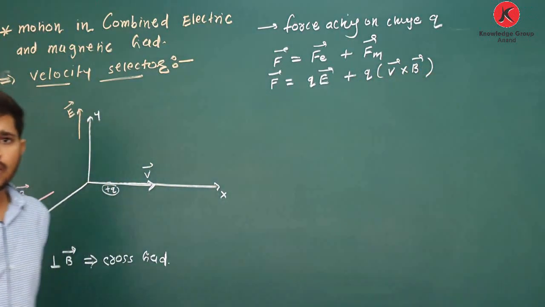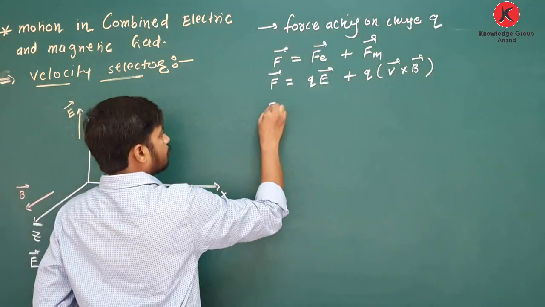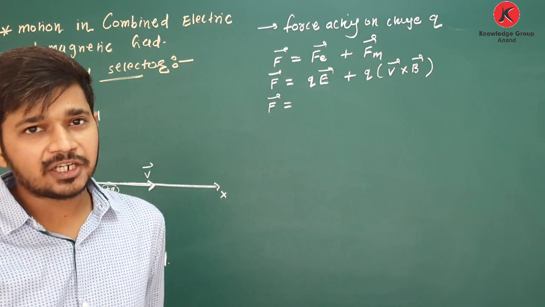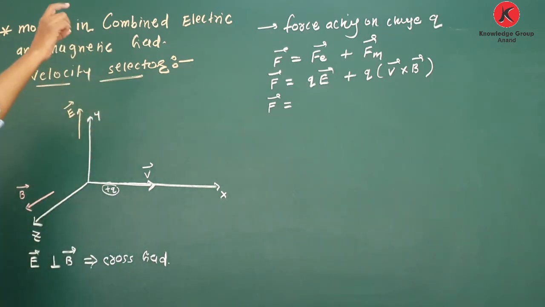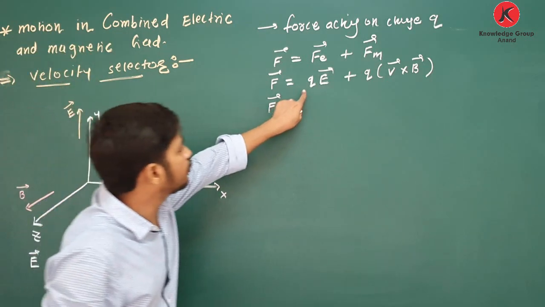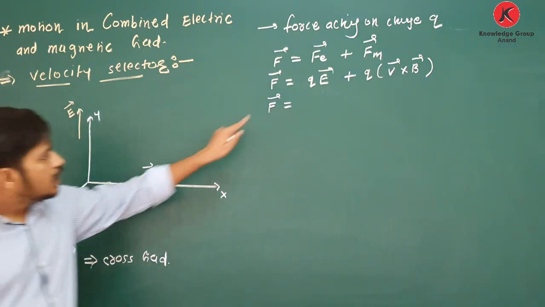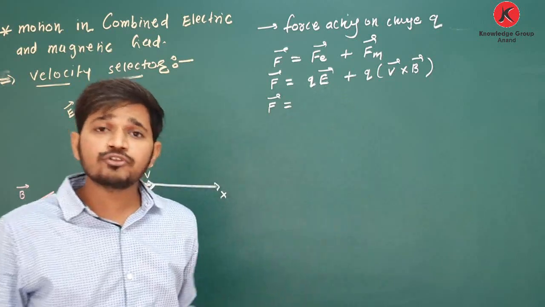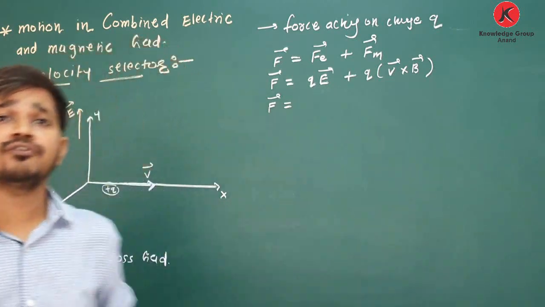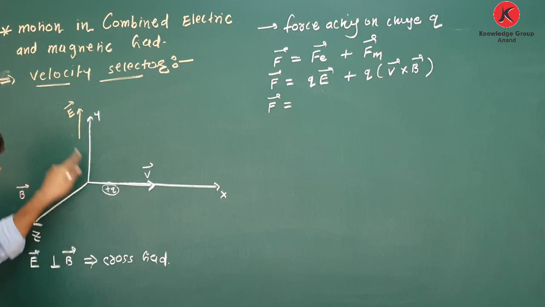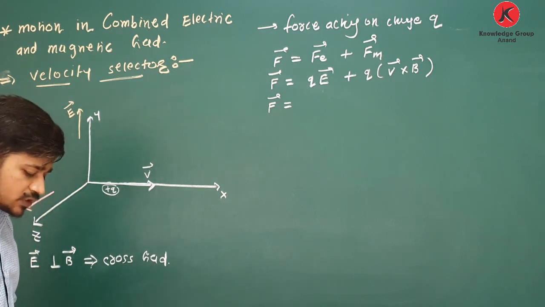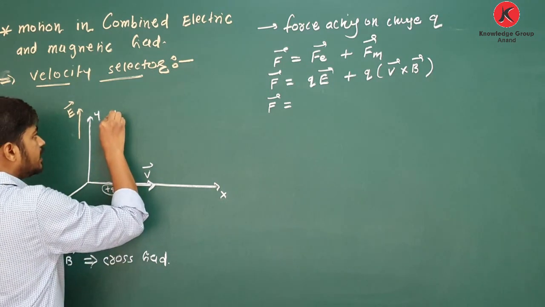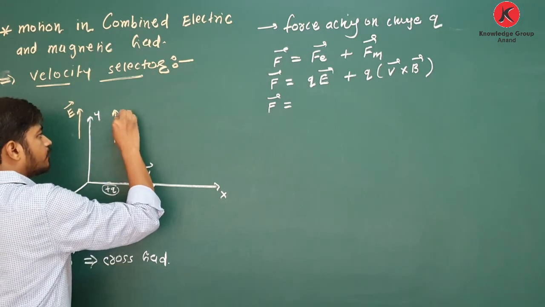Yes, here it is. Okay, again F is equal to, now see, we will take the direction. QE, Q into E. So force acting on a positive charge. Yes, we know that the force acting on a positive charge is in the direction of the electric field. It is a positive charge, so due to the electric field, force is acting on the charge in this direction. In this direction, it is Fe.